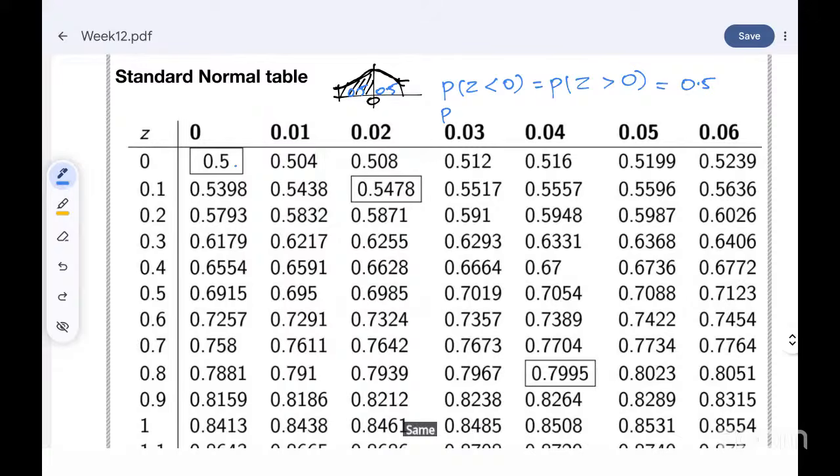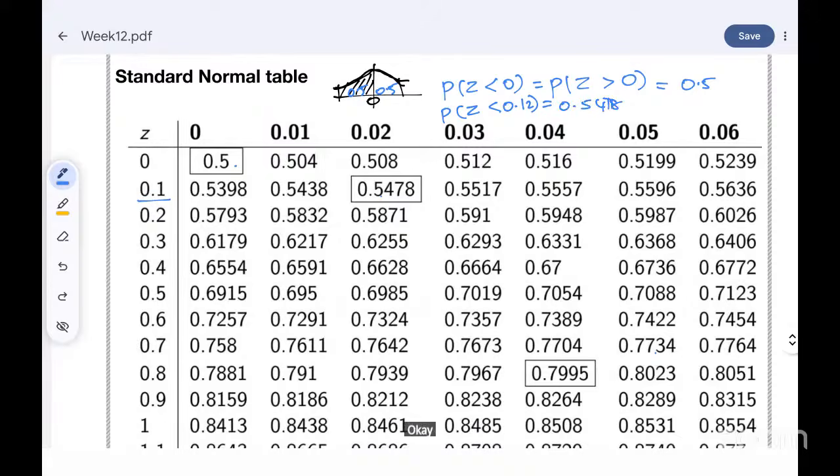Same way, probability of z less than, for example, 0.12. You see 0.1 and then 0.02, 0.5478.